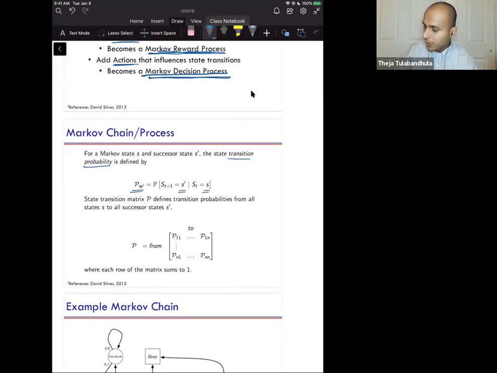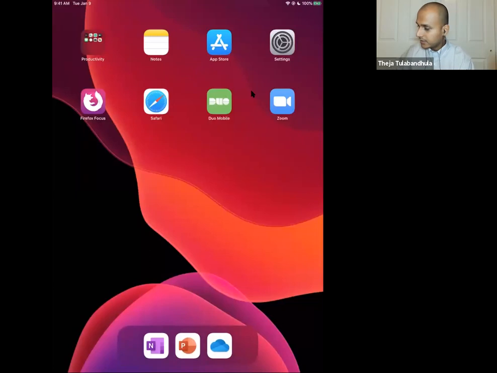Think of the random variables S1, S2, S3. Let's say the current state is s, and what's the probability of the next state being s'? Because the next state could be s'', s''', or some other states.